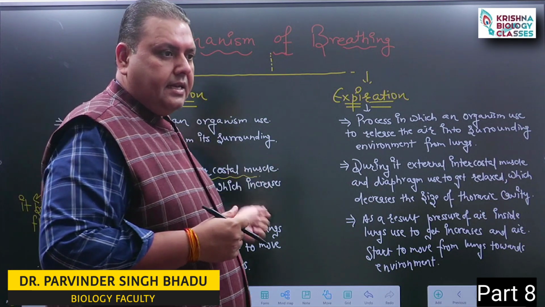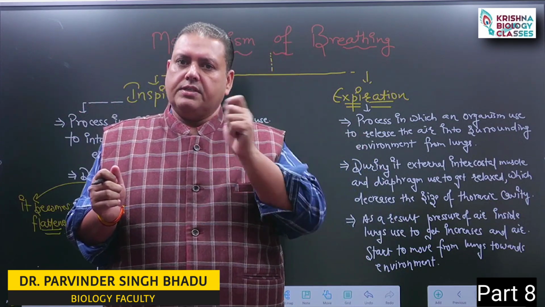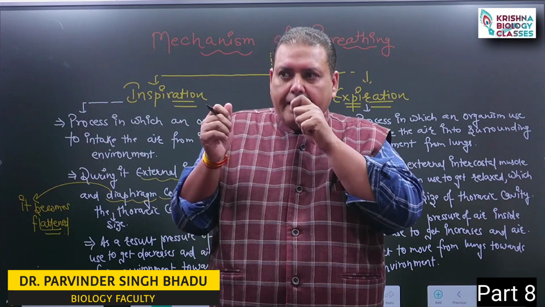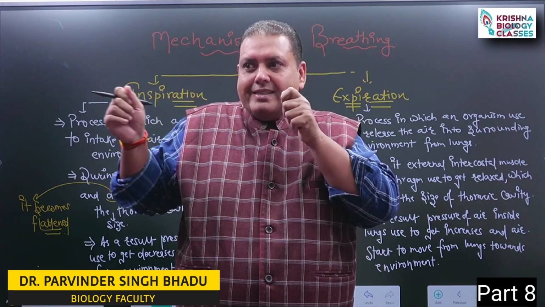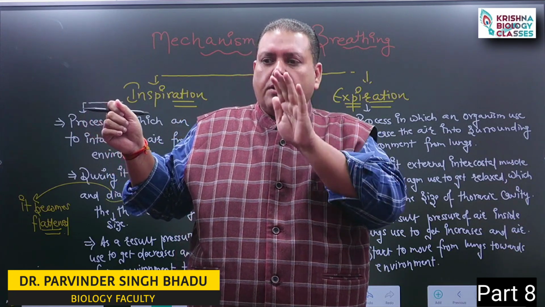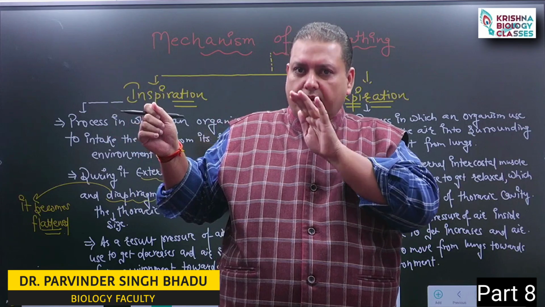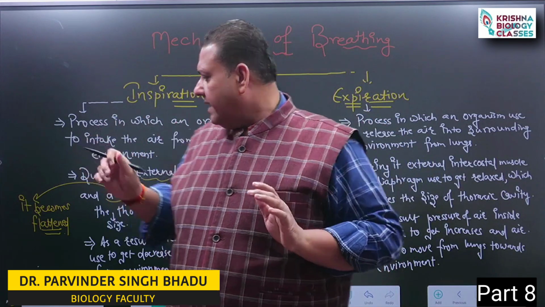Now just compare the process of inspiration with the process how we used to fill the air in balloon. Very first we used to stretch it, we increases the size. As soon as we increases the size, the pressure of air inside it becomes low and air easily move from outer side to inner side.